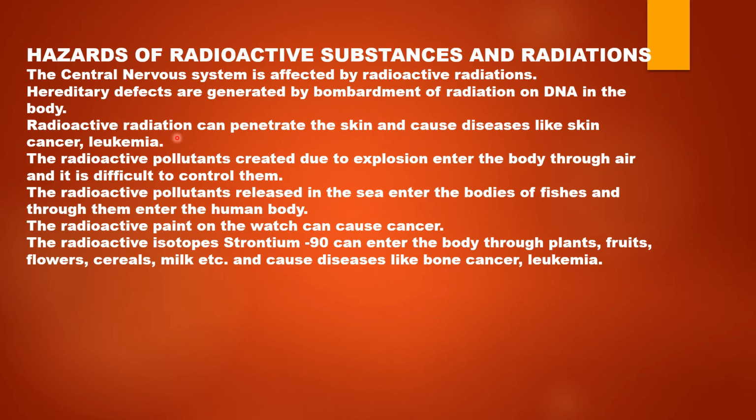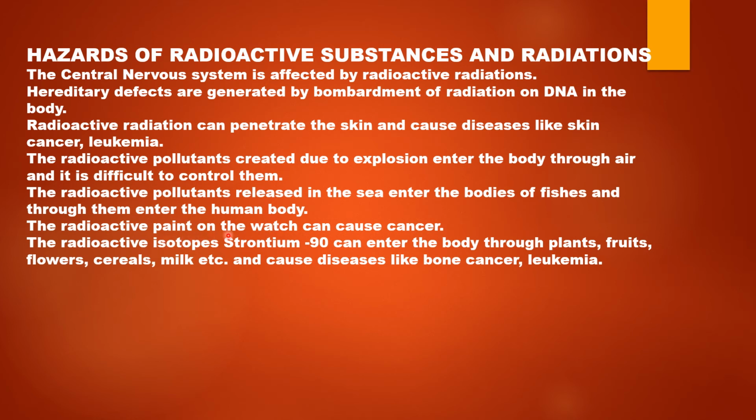The radioactive radiation can also penetrate our skin, thereby causing skin cancer, leukemia. Radioactive pollutants that are created because of the explosion process enter the body through air, and it is very difficult to control them. If the radioactive pollutants are released into the sea, then they enter the bodies of fishes, and then through the body of fishes they enter the human body.